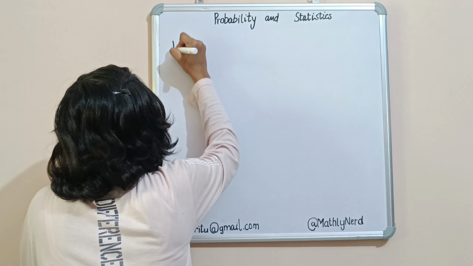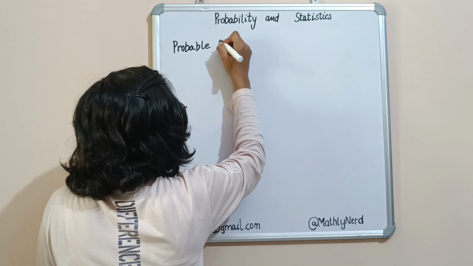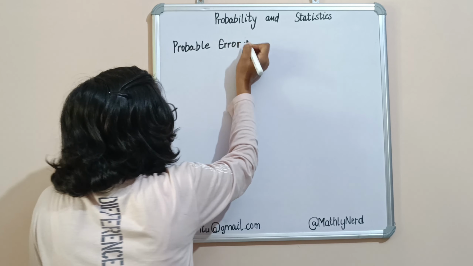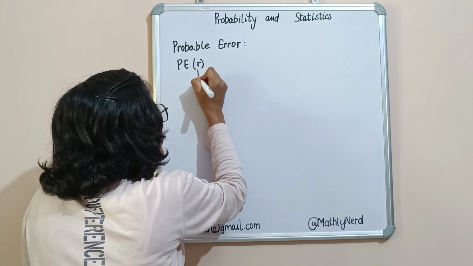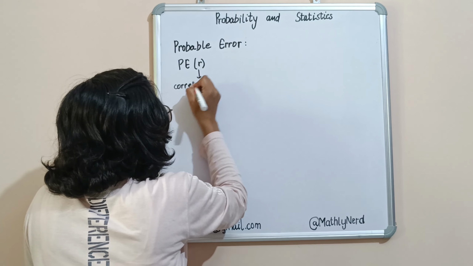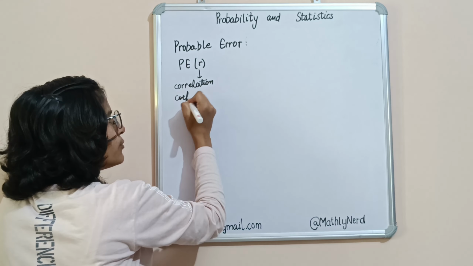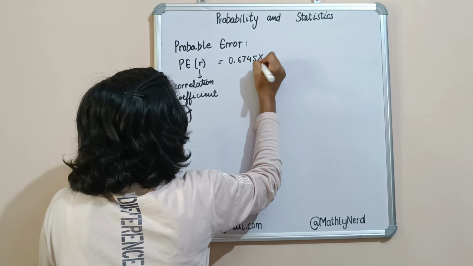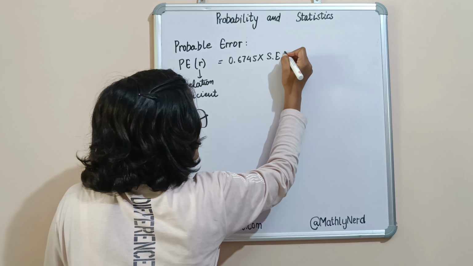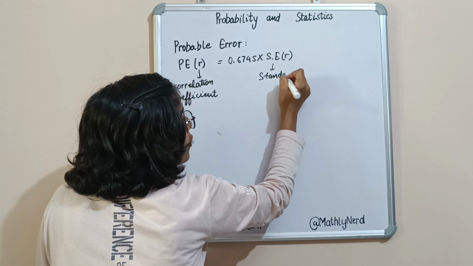Our first term is probable error. This is denoted by P(r), where r is our correlation coefficient, and this equals 0.6745 times SE(r), which is the standard error in the correlation coefficient.